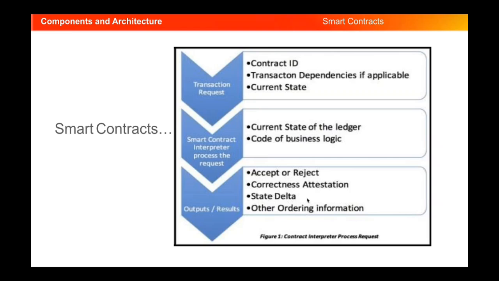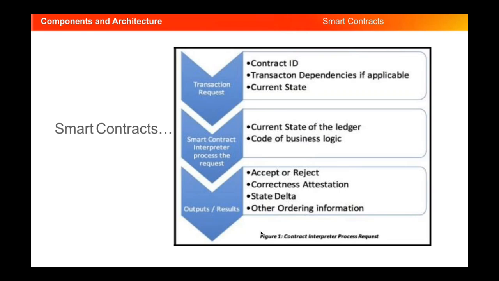Delta is the difference between the current ledger state and the modification that has occurred because of the transaction that we have executed, and other ordering information. So these are the processes that go through when the transaction request occurs on a peer. So this is how the smart contract works.